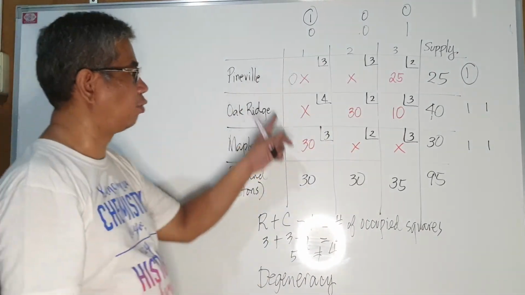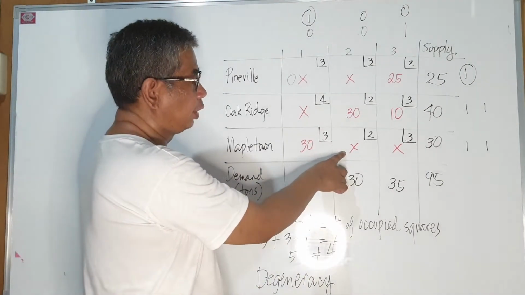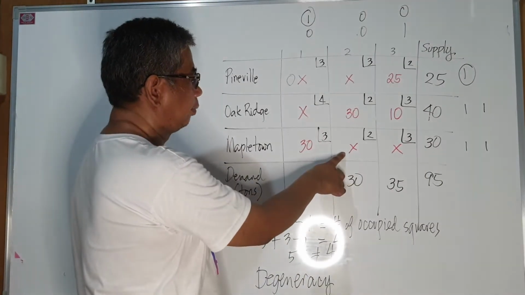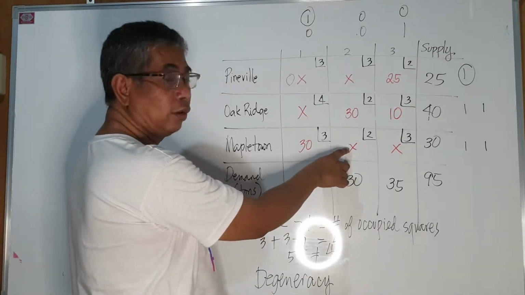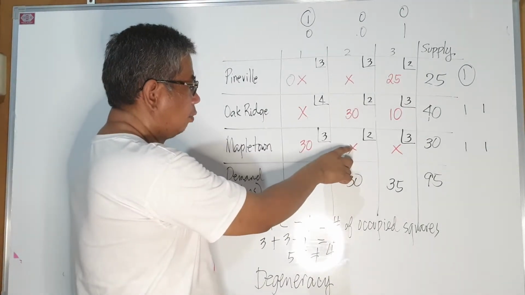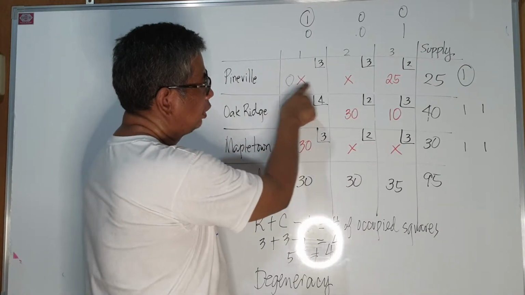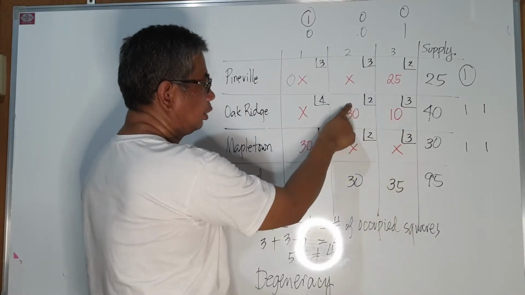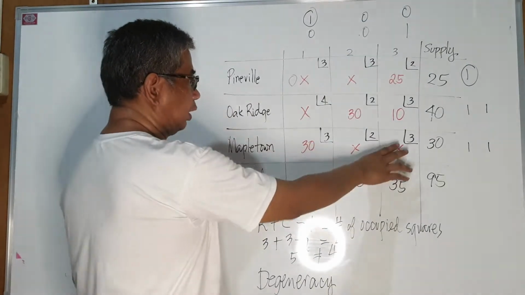How about this one? If we test this for improvement, we can also have a closed path. A bit long. So, from here to here, then here, then back here. So, we have a closed path. Okay? The same here.